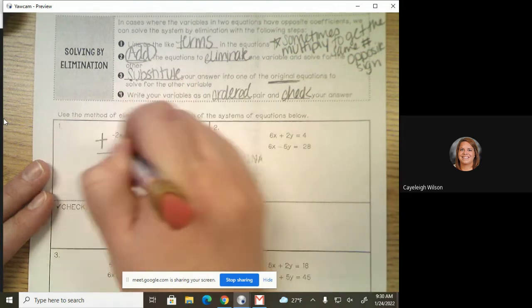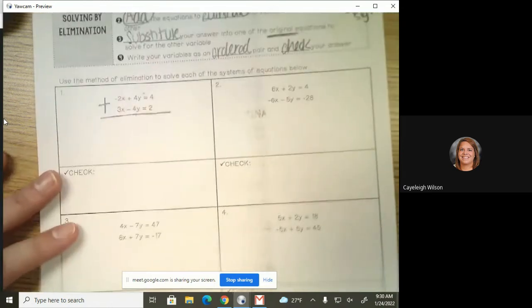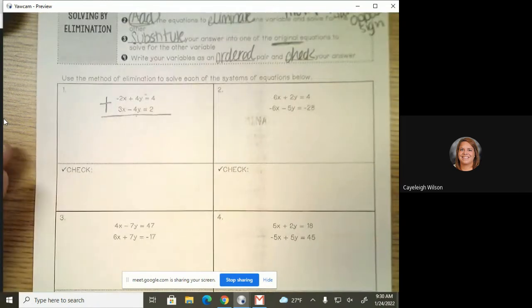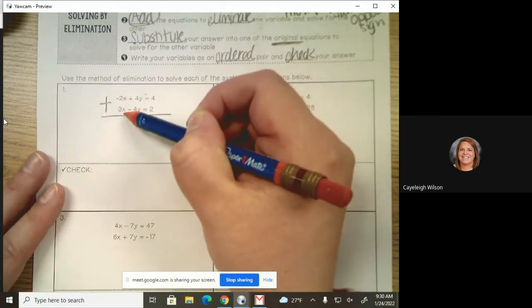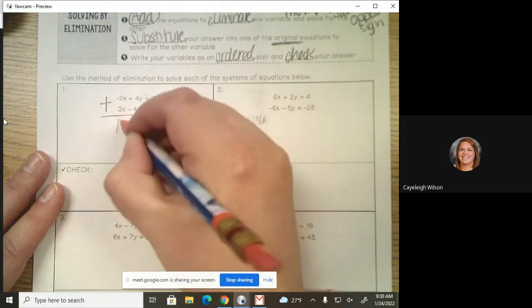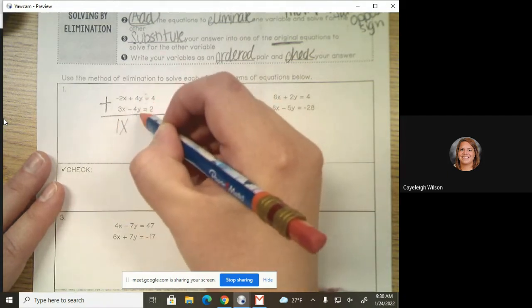Step 2 says add the equations together. Now, here's the important part. You just add vertically. So negative 2x plus 3x is 1x. 4y plus negative 4y is 0.